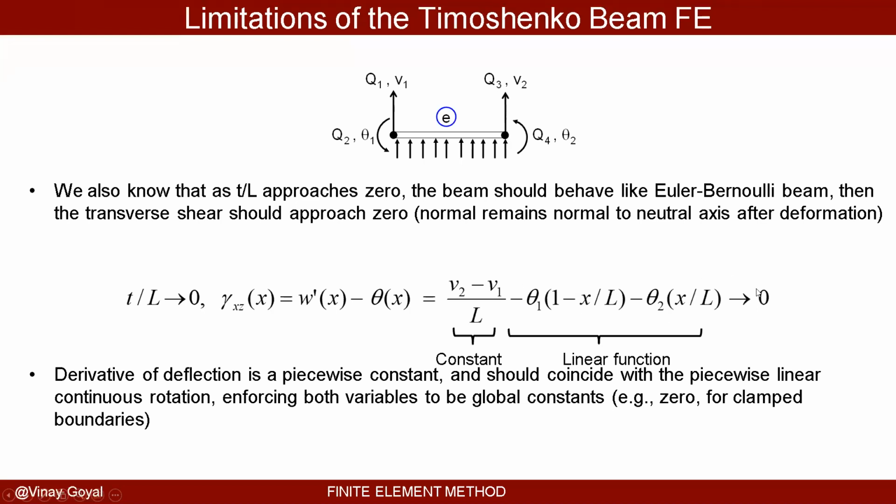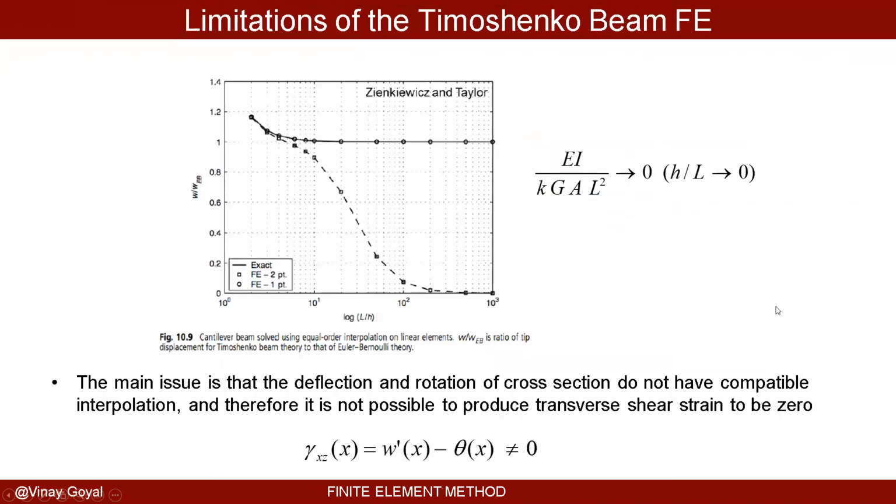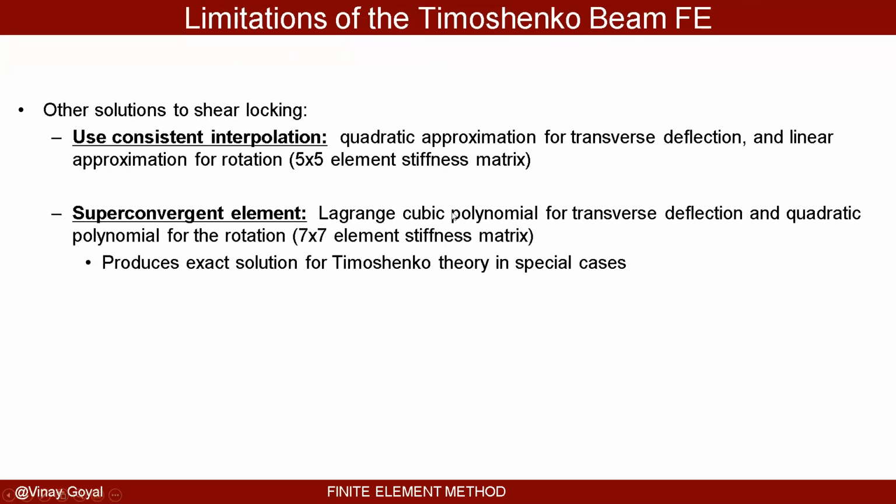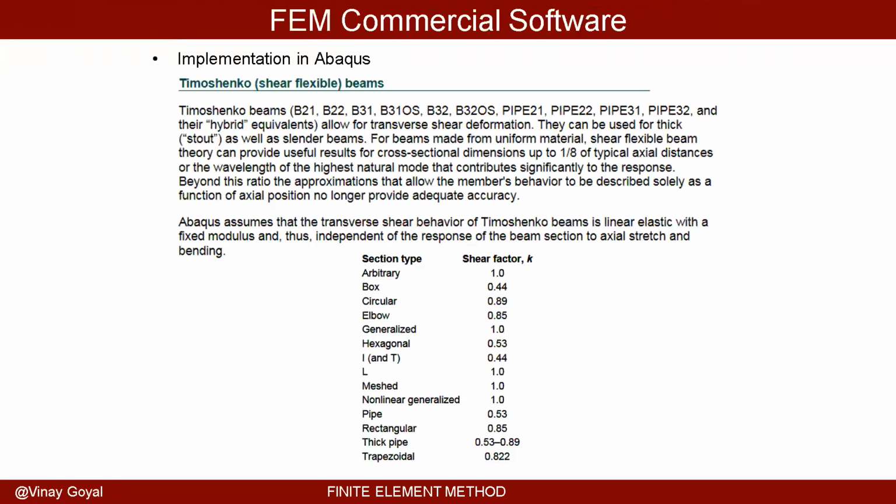If I needed to get to zero, I couldn't do that for thin beams, and it was stiffening up the behavior of the structure. The superconvergent element uses a cubic polynomial for transverse deflection and quadratic polynomial for the rotation. This produces the exact solution for Timoshenko theory in some cases.